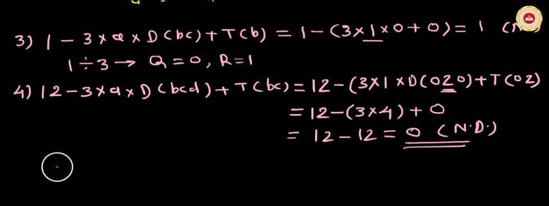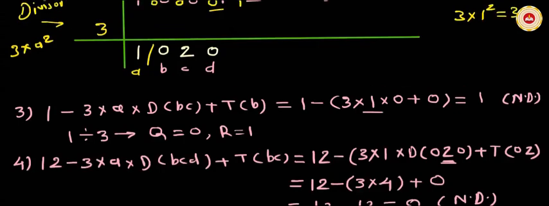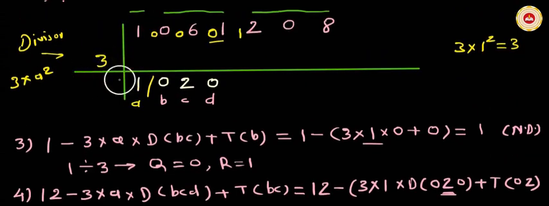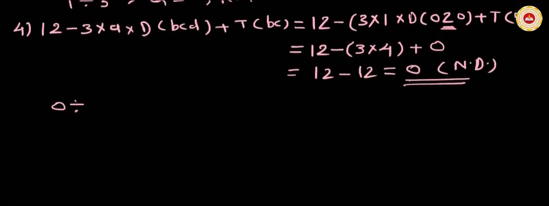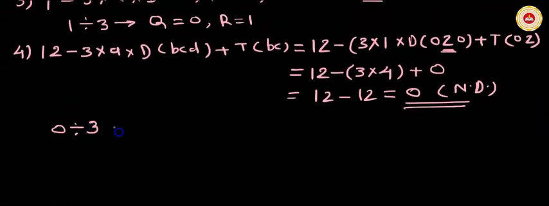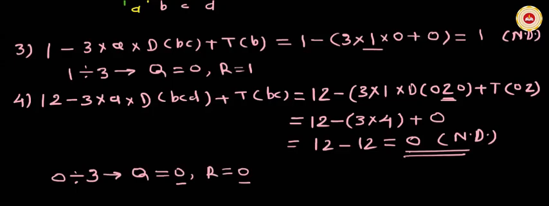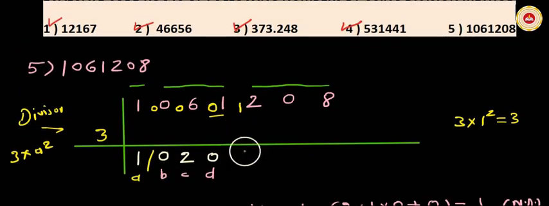So let us divide the net dividend 0 by the divisor. What is the divisor? 3. 0 divided by 3 gives us quotient 0 and remainder 0. Write quotient 0 and remainder 0.